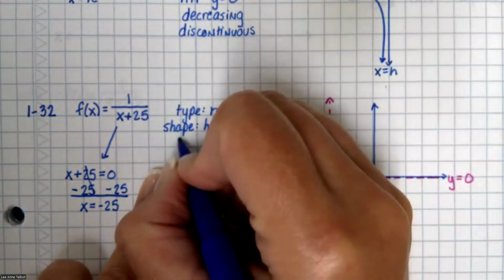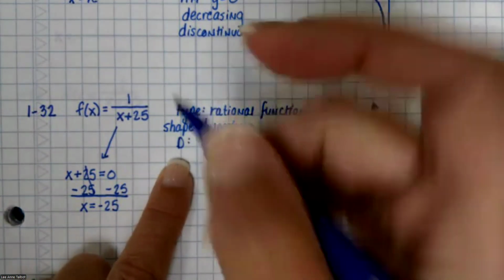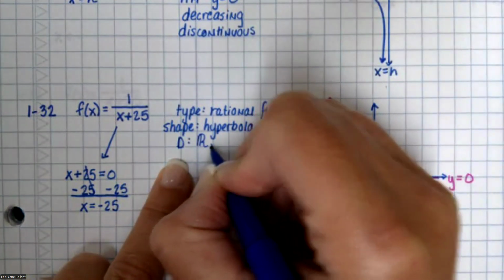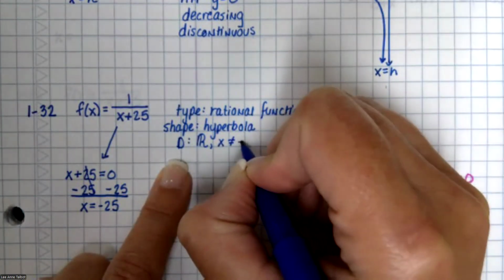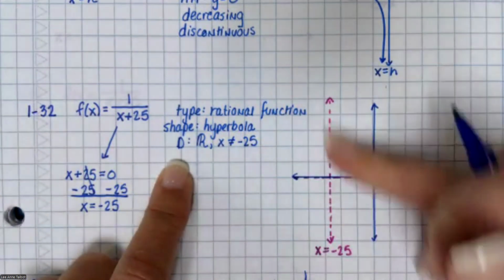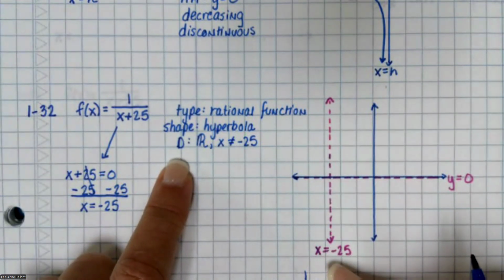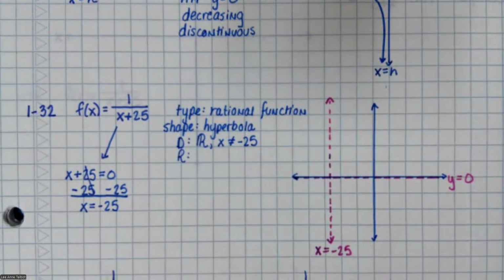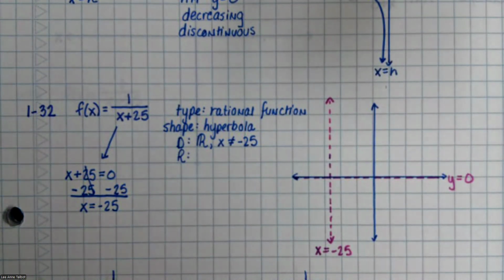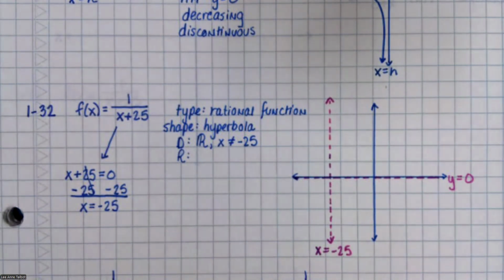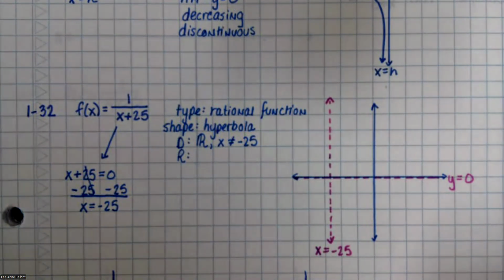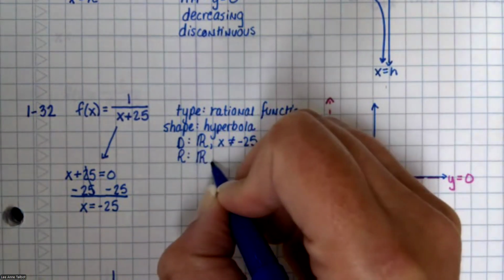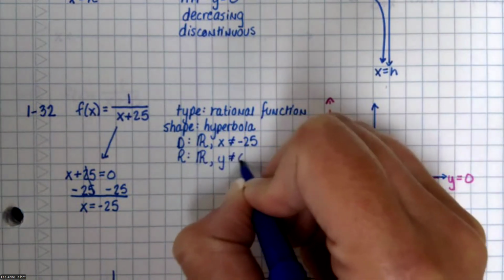So the domain, all real numbers except x will not be negative 25. Okay, what's the range? Take a look back at number 31 if you need to. All the numbers for y. Yep, all real numbers except y is not going to be 0.